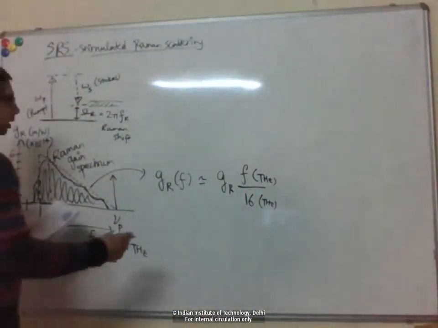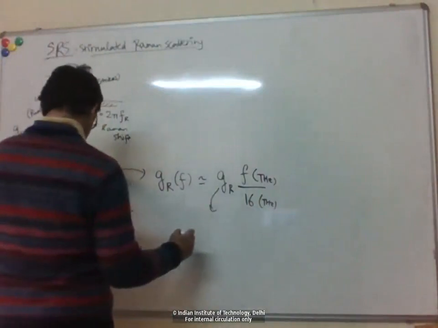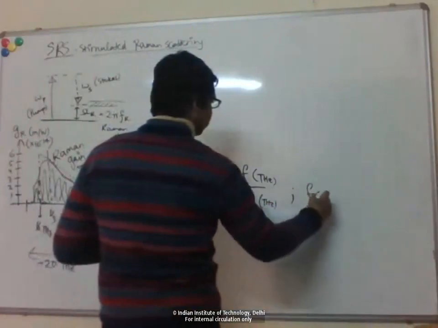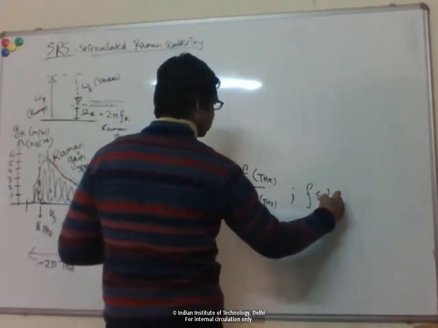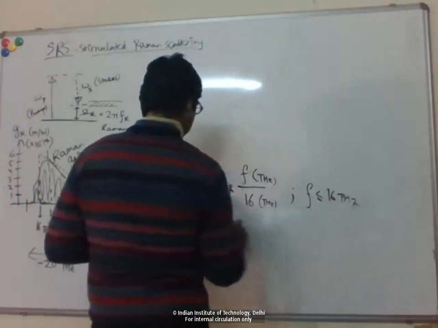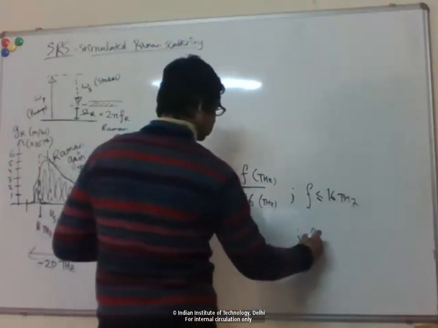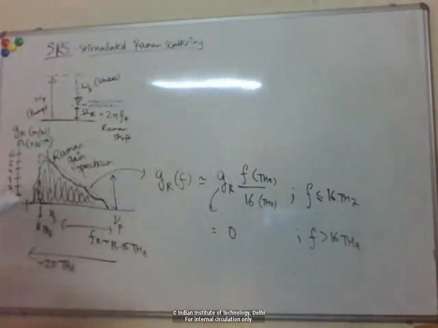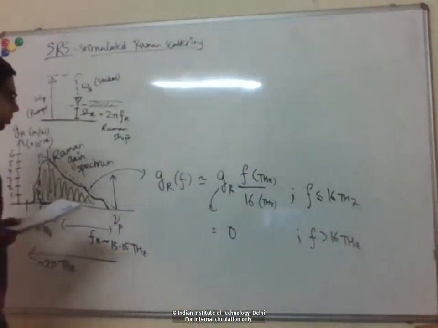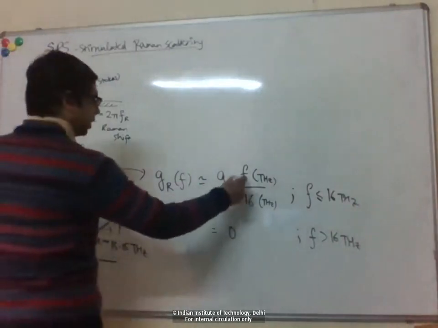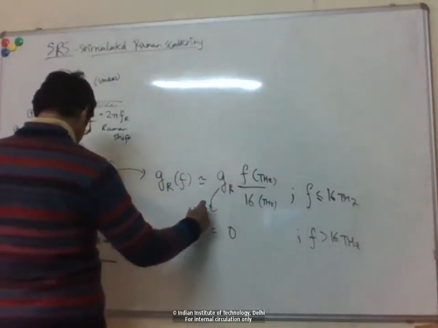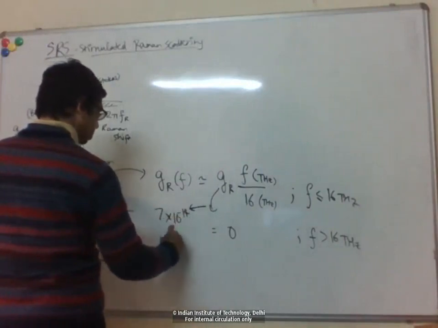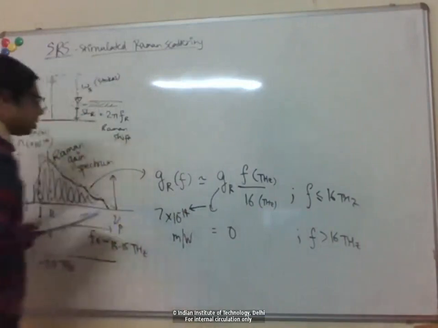So for example, and this is a peak Raman gain, which you can see happens at f equal to 16. Right? So we use this only for up to 16 terahertz, and then we say 0 for beyond. So the peak gain occurs at f equal to 16 terahertz, and this value is about 7 times 10 to the minus 14 meter per watt.